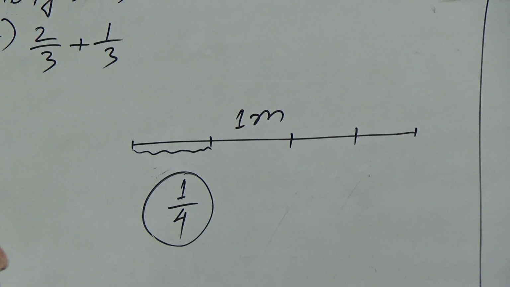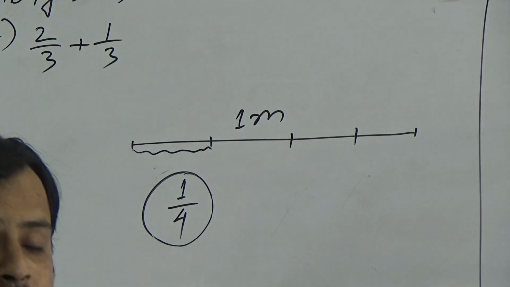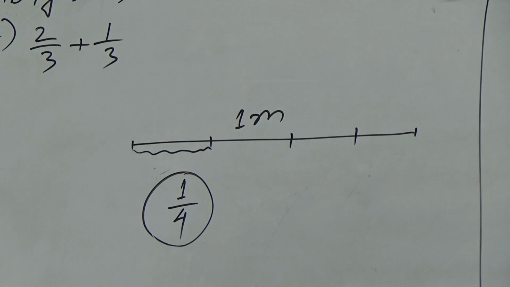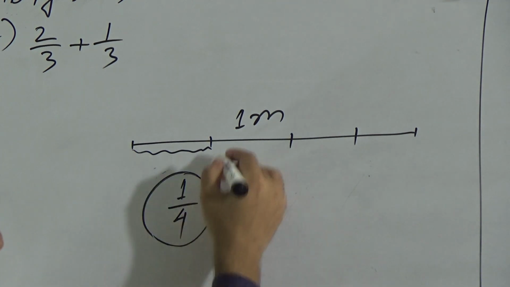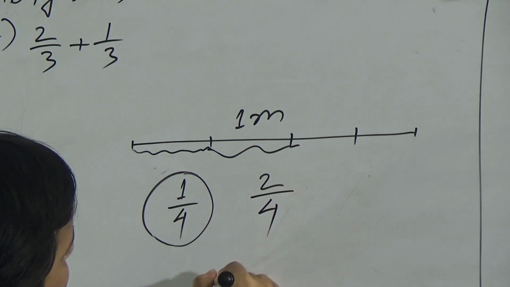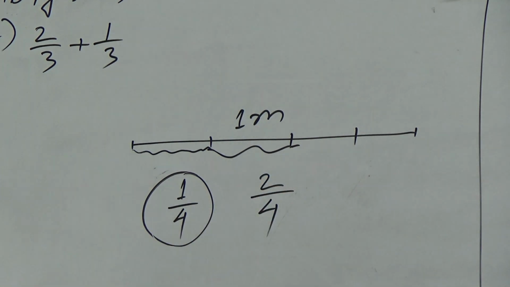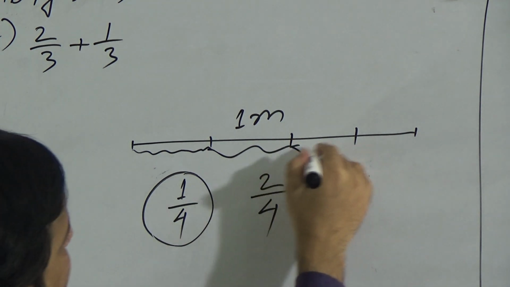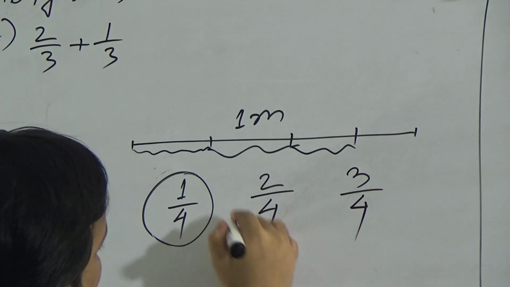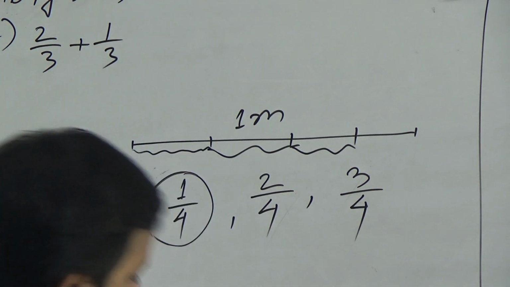This is known as fraction. It means that expressing anything as a part of whole is known as fraction. If you want to give 2 parts, in that case you have to write 2 by 4. We can read in this way, 2 by 4. If you want to give 3 parts, then you have to write 3 by 4. In this way we can express.